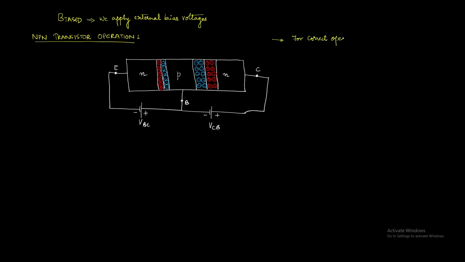The layer of ions has become wide. For correct operation, as I told, the base emitter junction should be forward biased and the collector base junction should be reverse biased.